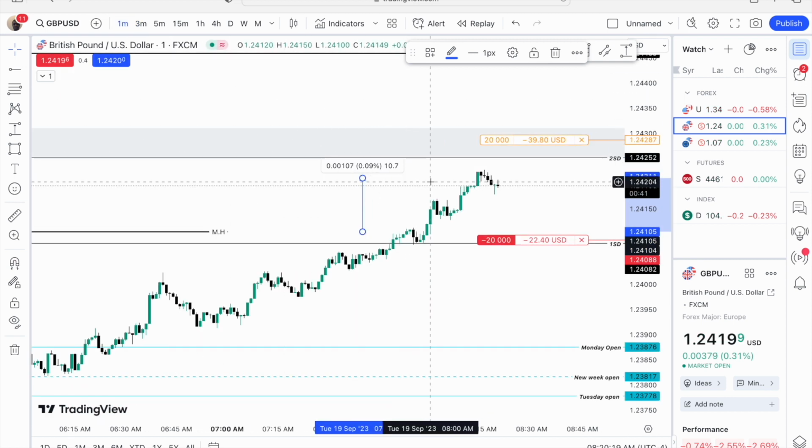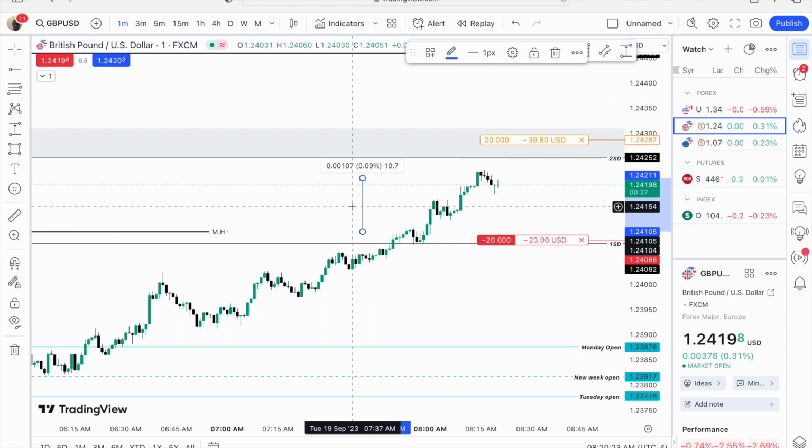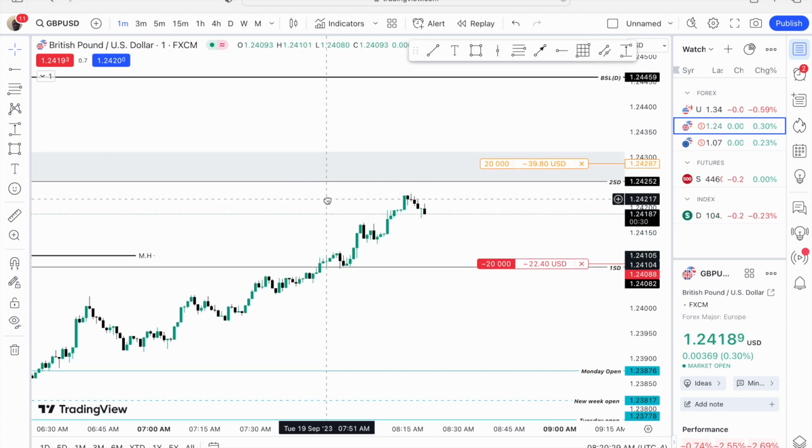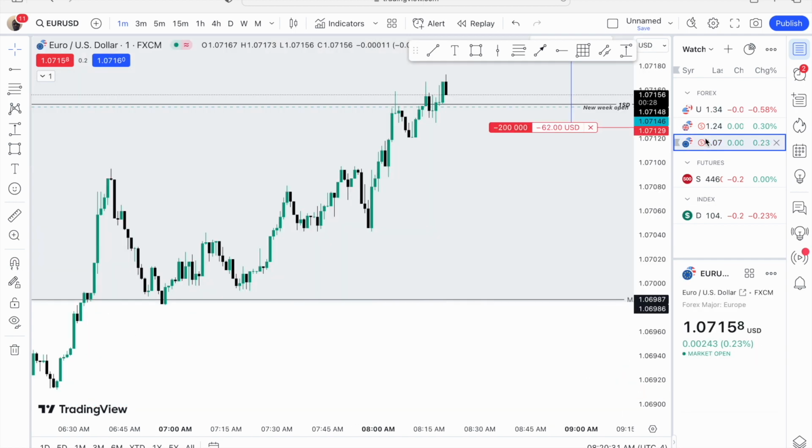So now we'd not be looking for an entry reason. We'd have sold on this green candle here, and the stop would have been about 10 pips, 20 pips in.